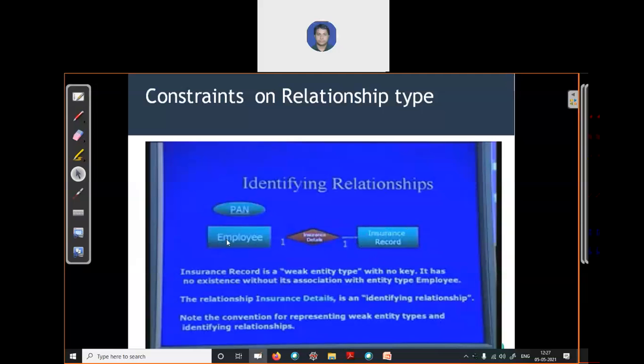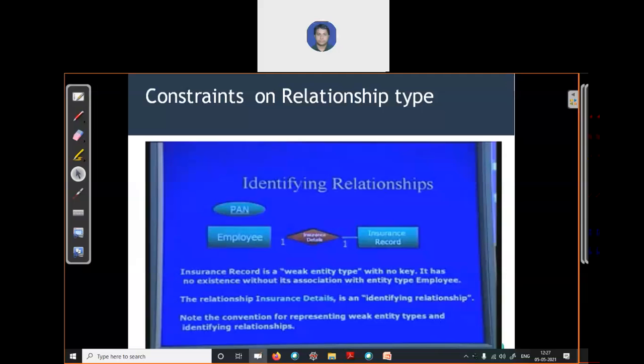Now you can see this is the one relation. Employee has insurance record. This insurance record does not have any key, but employee is a strong entity, and it has the attribute PAN as a key. So using this PAN attribute, we can identify this insurance record. Ultimately this relationship is identifying this insurance record entity.